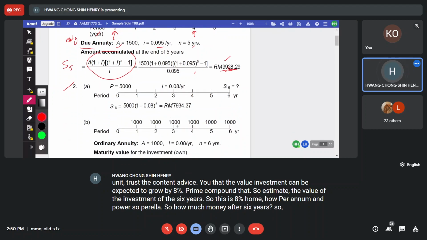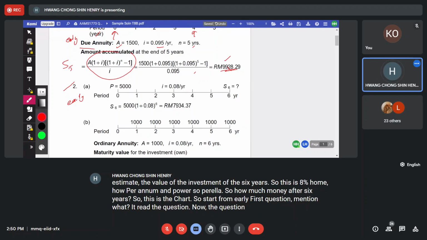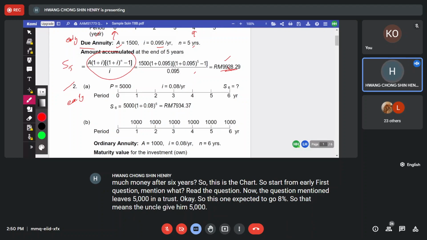So this is the chart. So start from early. Because the question mentioned what? If you read the question, the question mentioned leaves 5,000 in unit trust, okay? So this one expected to grow 8%. So that means the uncle gave him 5,000 lah. So we have to take it as early.